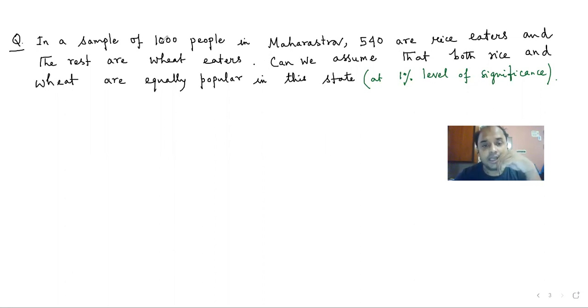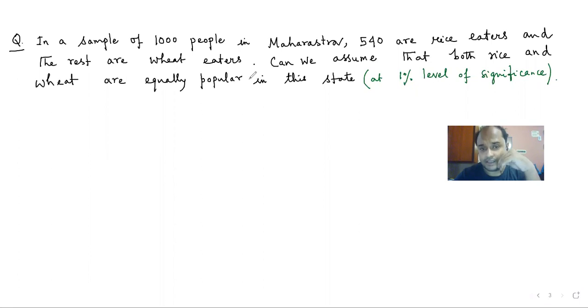Now, if someone claims that in Maharashtra, he has taken a sample of 1,000 and the experimenter is declaring that the proportions of rice eating people and wheat eating people are the same, then we are not going to believe this at first look.